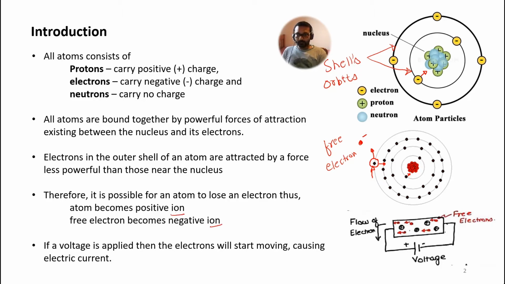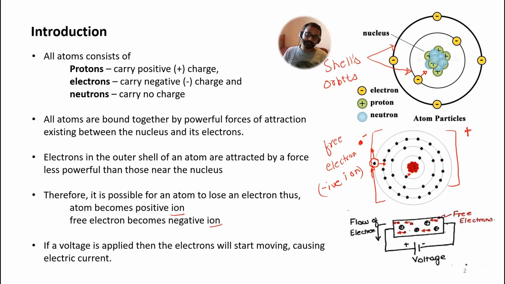So since this electron is free to move around, this free electron is called a negative ion, right? And the remaining atom, since you have pulled out an electron from it, will develop a positive charge, or it will have a deficiency of electrons, or more positive charges, more protons within it.